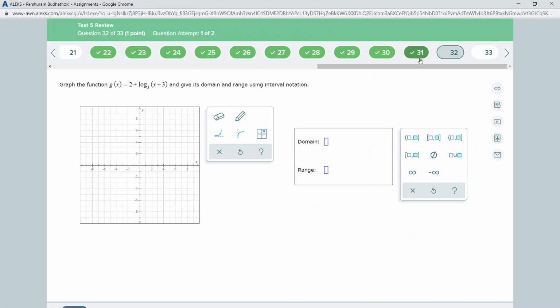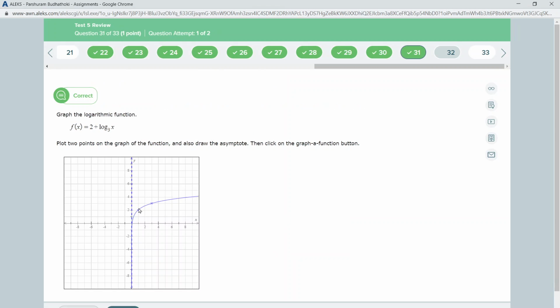So I'm going to use the points from the previous graph here. (1, 2) becomes, if you shift 3 units to that side, (negative 2, 2), and (3, 3) becomes (0, 3).